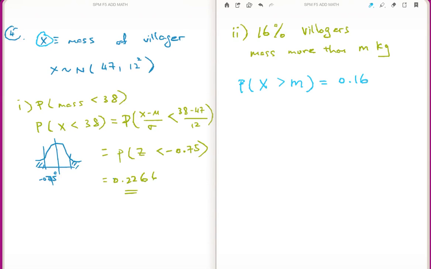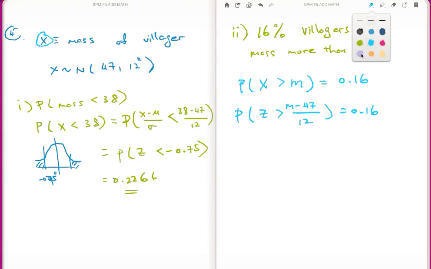So you convert x into a z-score: P(Z > (m minus mean) over standard deviation) is equal to 0.16. Right? Now, where is 0.16?